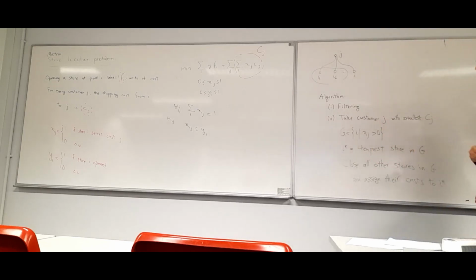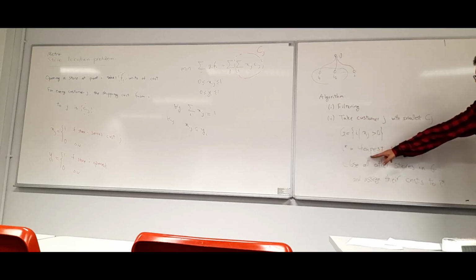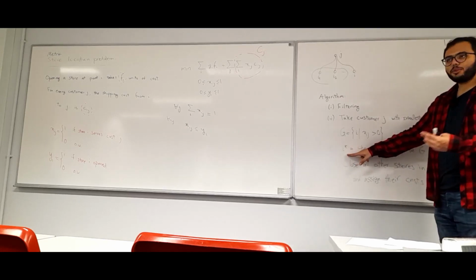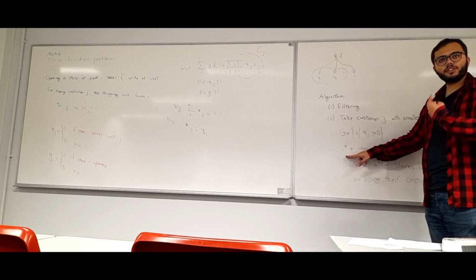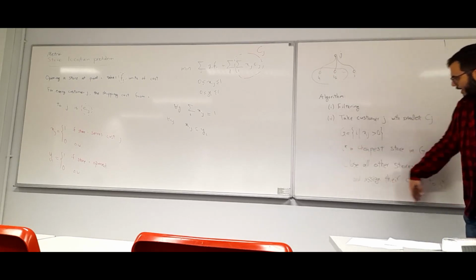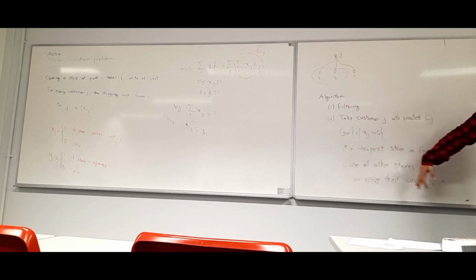Okay? And then I just keep repeating this. I just keep repeating this until everyone is assigned and until I have an integer solution. So every time that I find an I star, I say that this I star is open, so y of I star is 1, and everything else here, they're all going to be closed. So when I close the store, I'm setting its y value to 0.